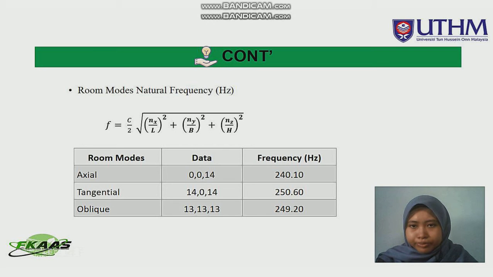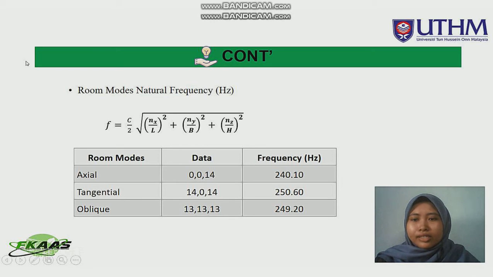In the formula here, F stands for the frequency of the mode in Hertz. C is the speed of sound, which is 343 meters per second at 20 degrees Celsius.